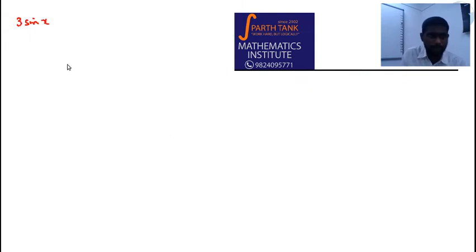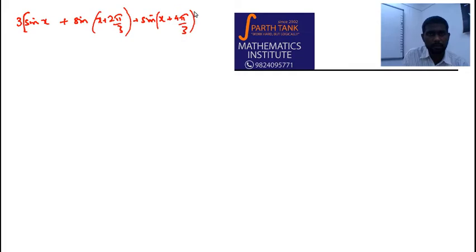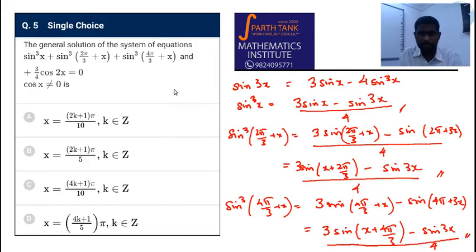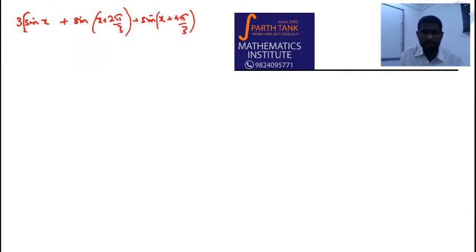So I can combine these terms separately and say this is sin x plus sin of x plus 2 pi by 3 plus sin of x plus 4 pi by 3, right? These three terms, 1, 2 and 3, and then these three terms are minus sin 3x, minus sin 3x, minus sin 3x.